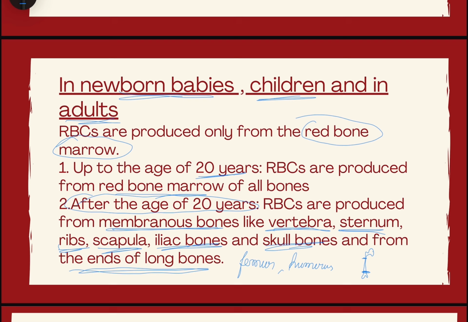Another fact is that before the age of 20 years, all the bones contain red bone marrow. However, after crossing that age, in most of the bones this red marrow gets converted into yellow bone marrow due to the deposition of fats and other substances.